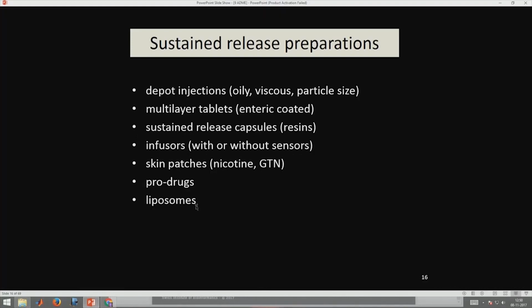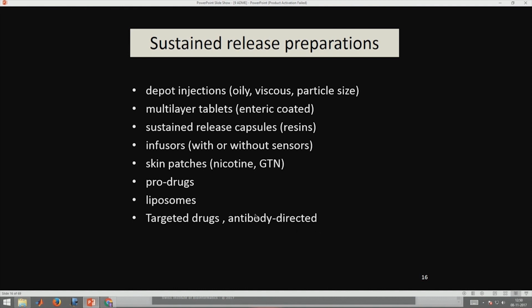So the prodrug is not active, but once the drug gets released inside the body because of some enzyme action, then it becomes active. Liposomes: drugs could be encapsulated in liposomes, which are highly hydrophilic systems. Targeted drug delivery: we can target a particular site using certain cues based on pH, temperature, presence of some other enzyme, or antibody direction.